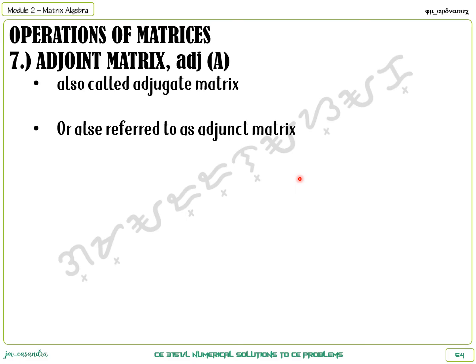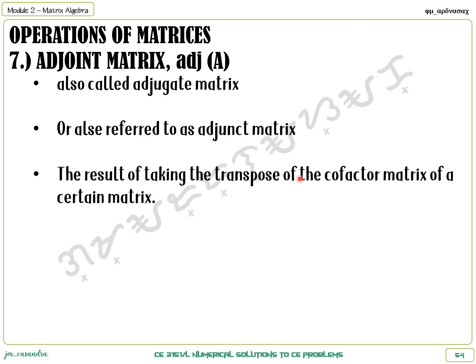The adjoint matrix is simply computed as the transpose of the cofactor matrix of a given matrix. So by equation, the adjoint is simply equivalent to the transpose of the cofactor.